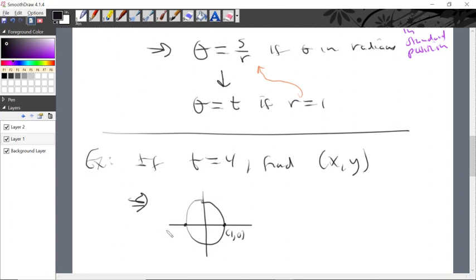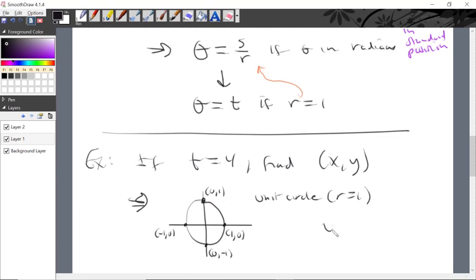And points like over here would be negative 1, 0, another point that is exactly 1 unit from the center. And this would be the point 0, 1, and the point 0, negative 1. This is the unit circle. That is where r is equal to 1. It has to be the unit circle if we're given a value of t, because t is the arc length specifically in a unit circle.